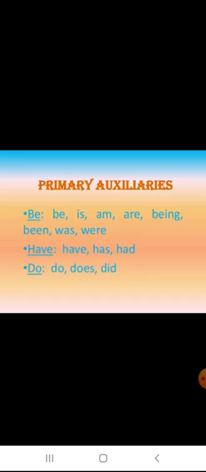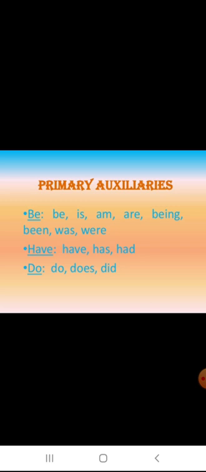There are three kinds of auxiliaries: primary auxiliaries, modal auxiliaries and semi-modal auxiliaries. Now let us see the primary auxiliaries. Be, is, am, are, being, been, was, were, have, has, had, do, does, did.